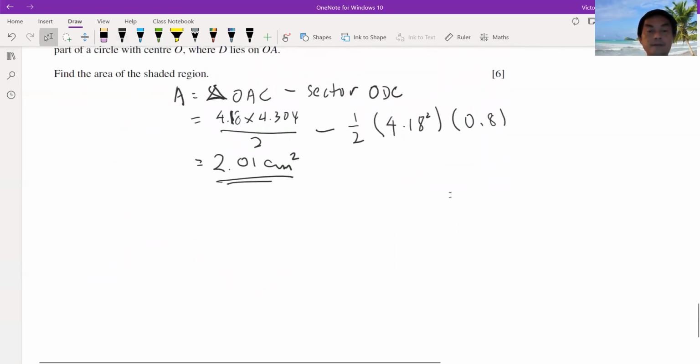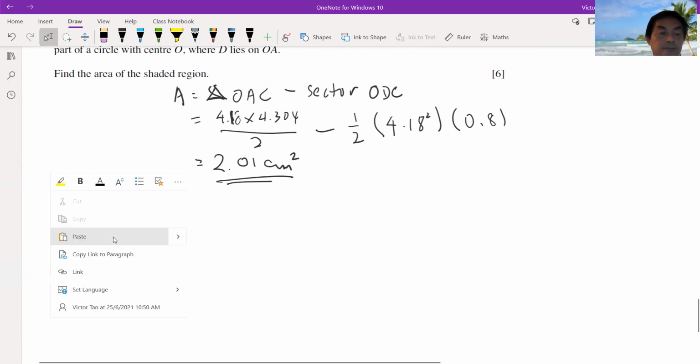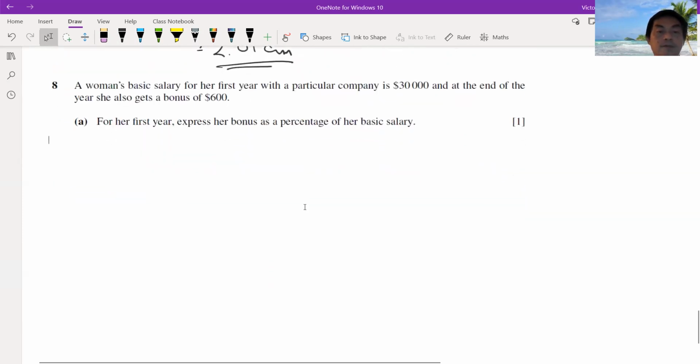Okay, fair enough. Let's look at the next question, which is question 8. Question 8 is a question on progression. A woman's basic salary for her first year with a particular company is 30,000.